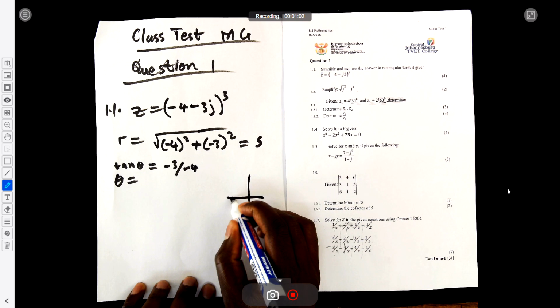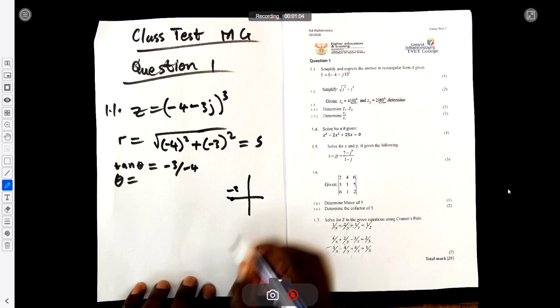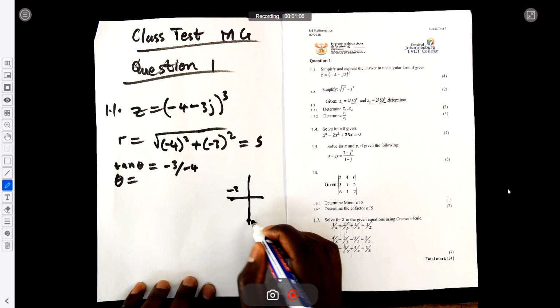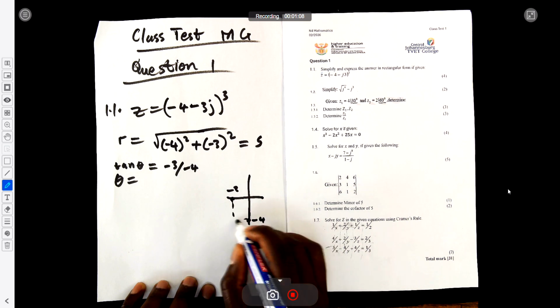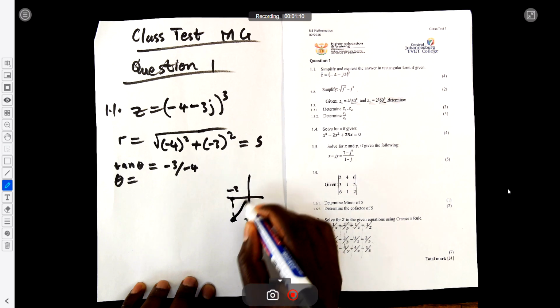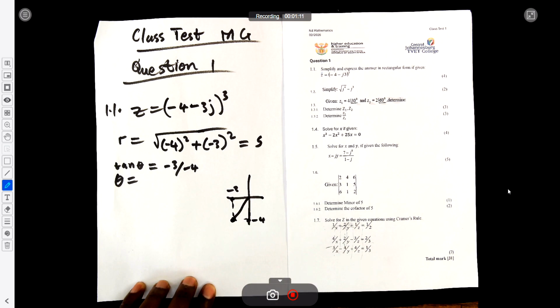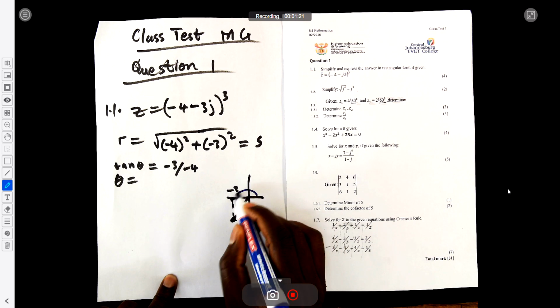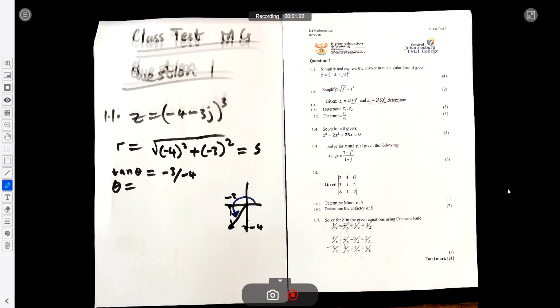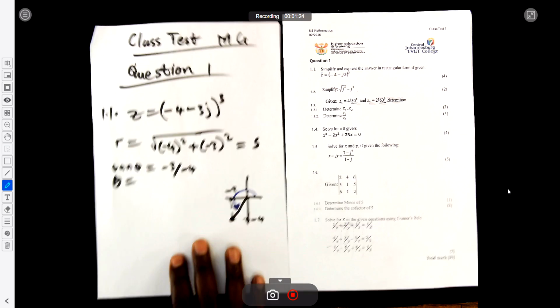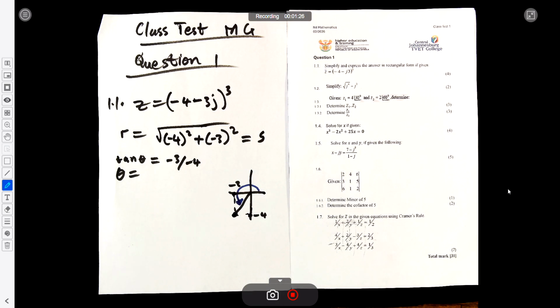We'll go 3 units to the left and 4 units down, right? So we know the complex number is projected on the third quadrant. The angle from 0 to where we've projected gives us our angle theta.